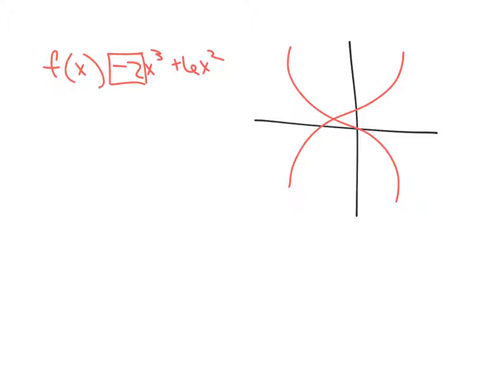The first coefficient, when you put them in descending order of the exponent, or the coefficient in front of the highest degree, which is going to be the highest exponent there, that is going to give you this shape. If it's positive, it's going to give you that shape there.